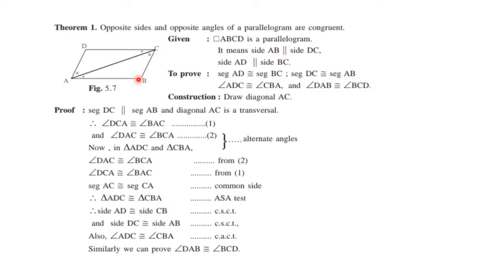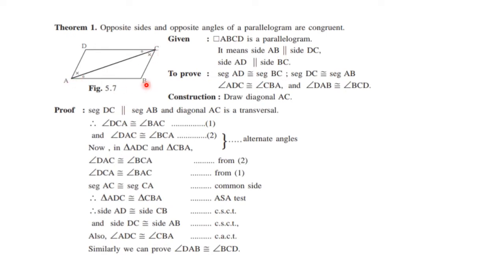So the first thing starts as, given is ABCD is a parallelogram. It means that AB is parallel to DC, AD is parallel to BC. You need to prove that opposite sides are congruent. So that means AD is congruent to BC, DC is congruent to AB.